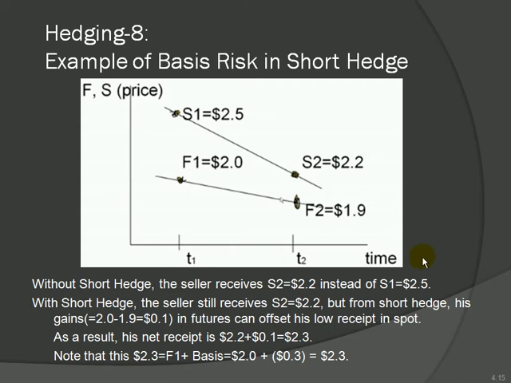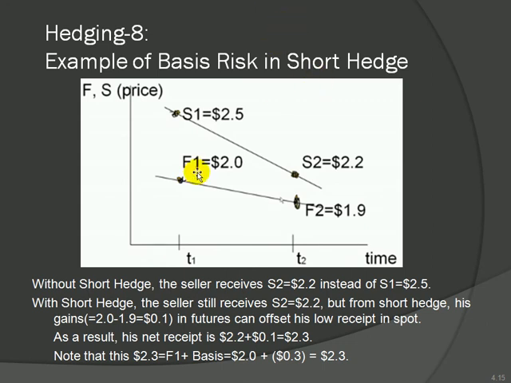But suppose, unlike what you expected, spot price goes up, and when spot price goes up, assuming that the underlying asset is related, future price is going to go up. So when spot price goes up, by the time you sell the spot commodity at time T2, you're going to receive a lot more money than you expected.